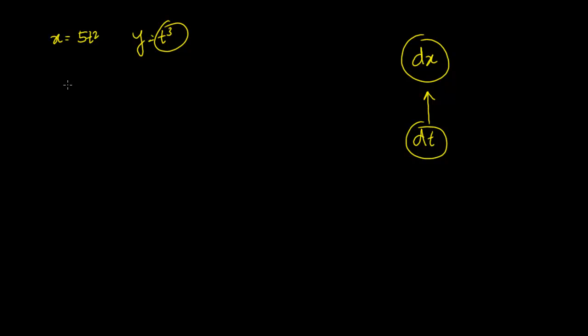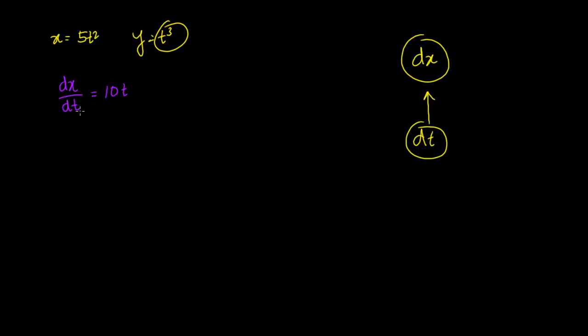So the first thing we do is differentiate x with respect to t. So dx over dt is equal to 5 times 2, which is 10, t to the power of 2 minus 1, which is essentially t.